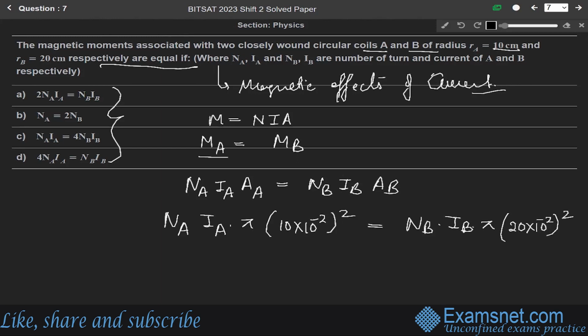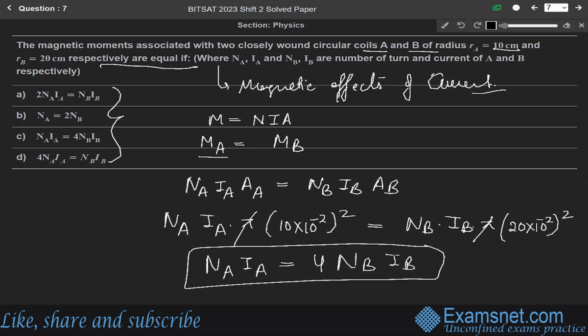Okay, so solving it, pi cancels, and NA IA will be equal to 4 NBIB. This is the condition for the magnetic moment of A to be equal to the magnetic moment of B, means NAIA equals 4 NBIB, so option C is the correct answer.